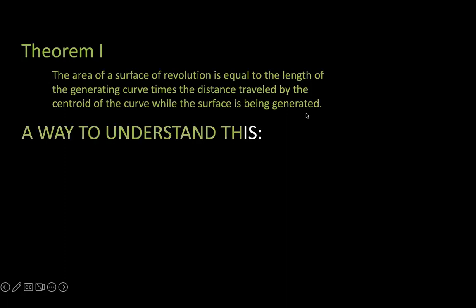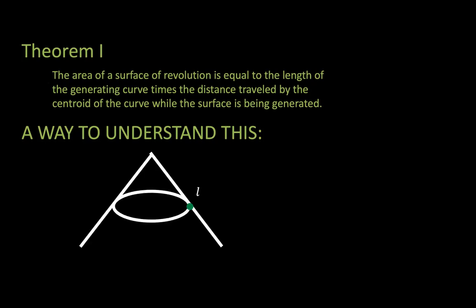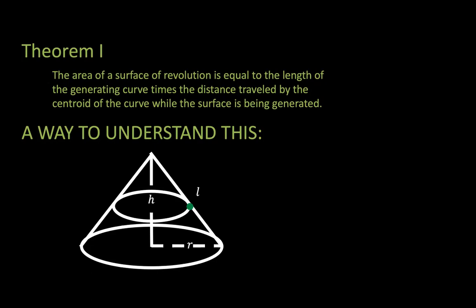A way to understand this is if we have a line of length L, and the centroid of that line is along the middle of that line. Then we have another line L because we rotated that line about the y-axis. The height of this cone is h, and the radius is r. Over here the radius is r over 2.